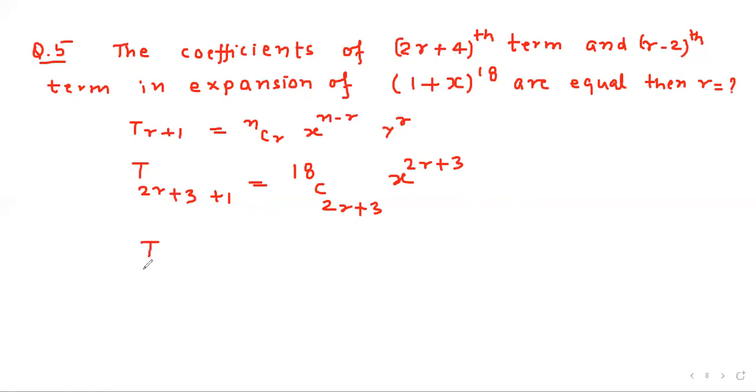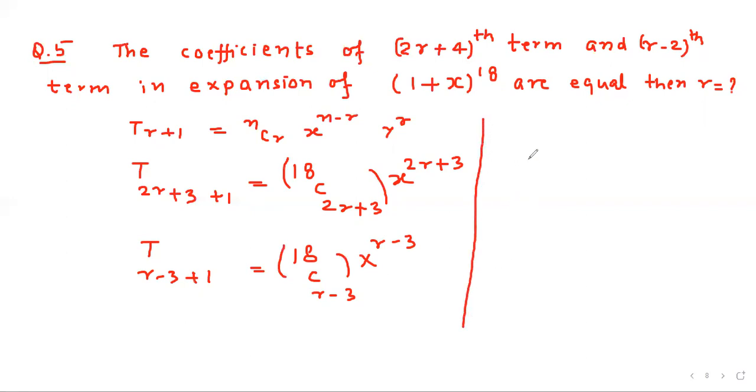So T(r minus 3 plus 1) will be 18C(r minus 3) x power r minus 3. But these two coefficients are equal, so let's equate them. We equate 18C(2r plus 3) equal to 18C(r minus 3).